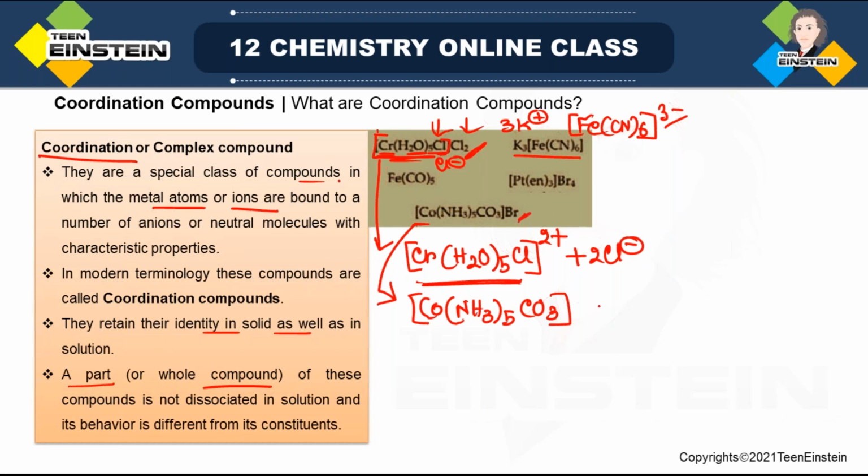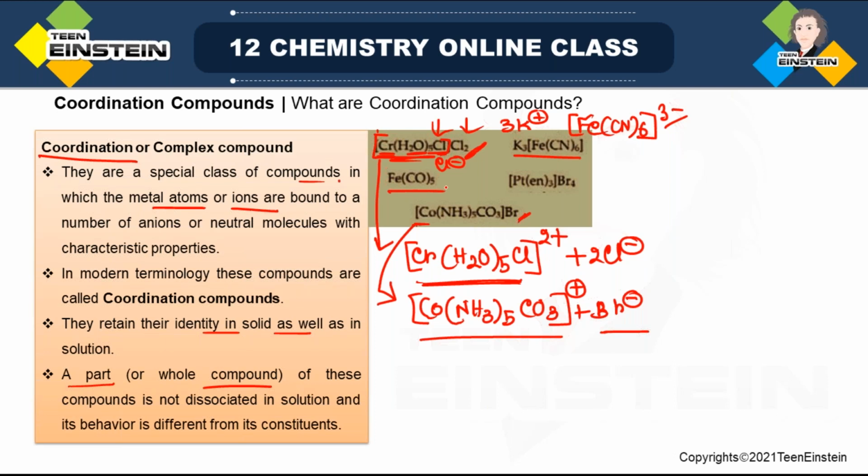Now, 1 Br means single negative charge, so the positive charge must be single positive charge. So this is the cation, and this is the anion we are getting. Remember, whatever moiety we have inside the third bracket, there will be no dissociation. And why there is no dissociation, we will come to that point later.